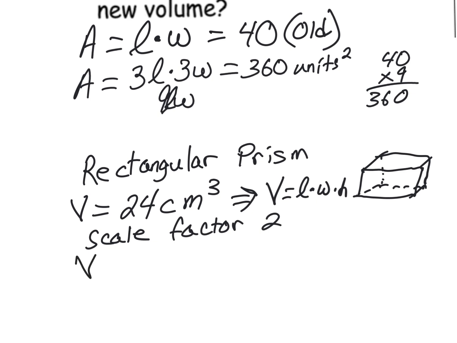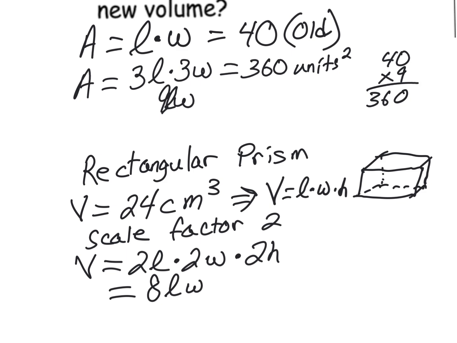So if you set that up as 2L times 2W times 2H, and then actually multiply what you're able to multiply. I can't technically multiply length, width, and height, so I leave those as variables, but I can multiply 2 times 2 times 2. And 2 times 2 times 2 is 8LWH. So that means we're taking 8 and multiplying it by the original volume.